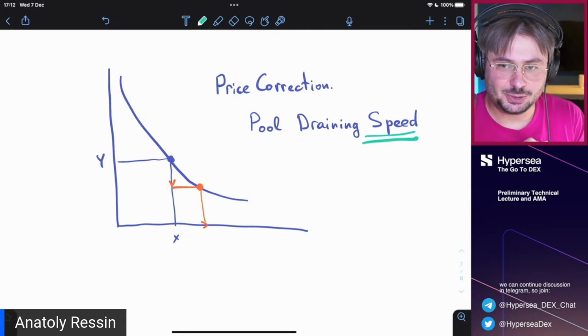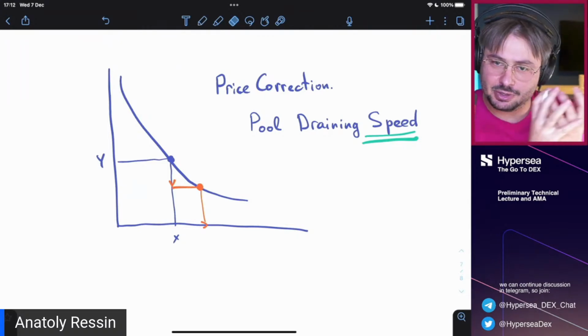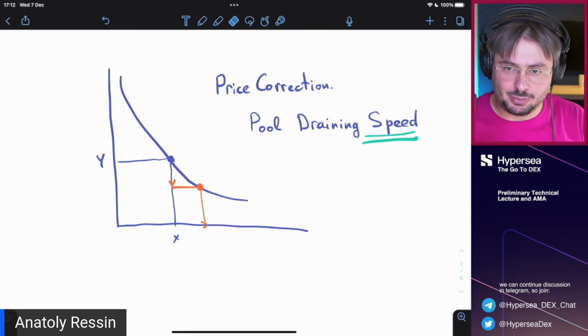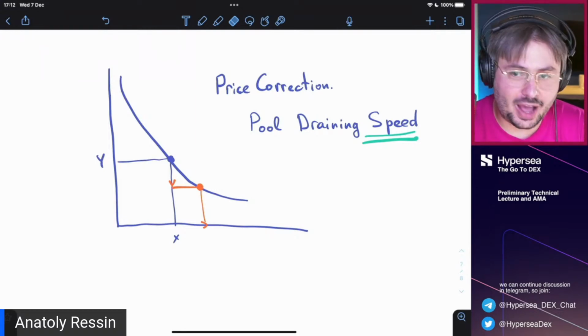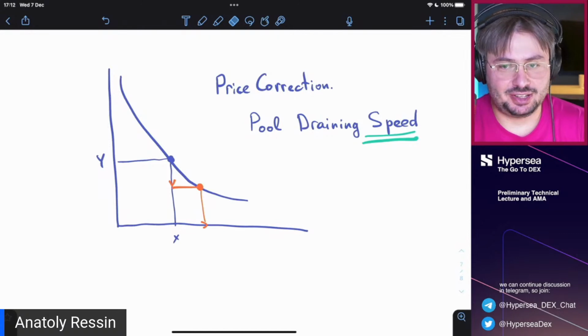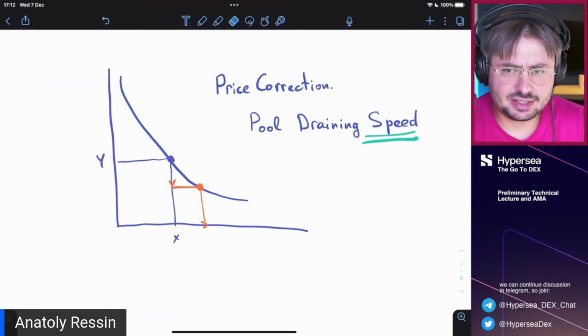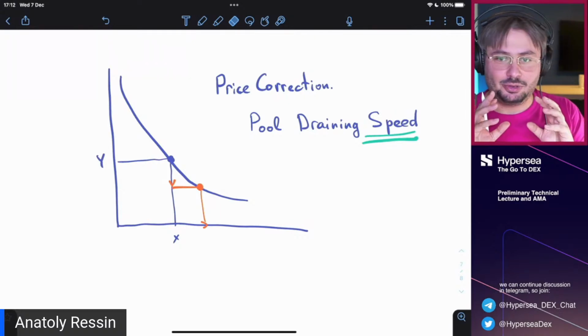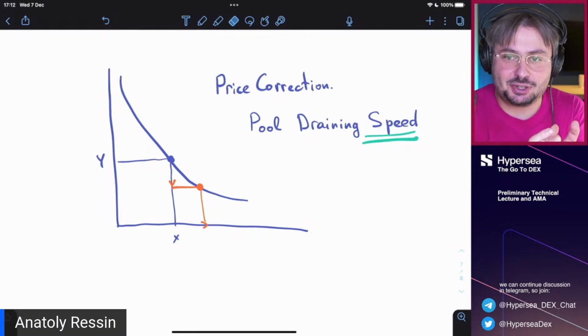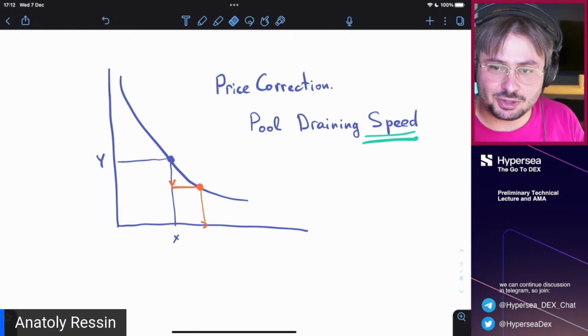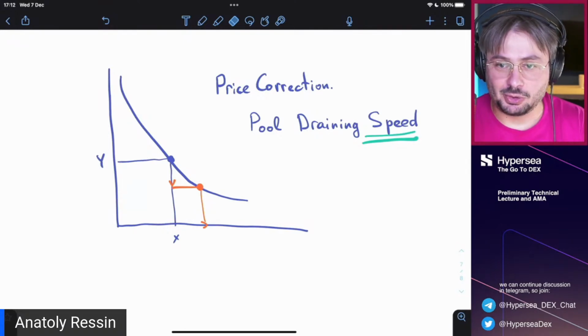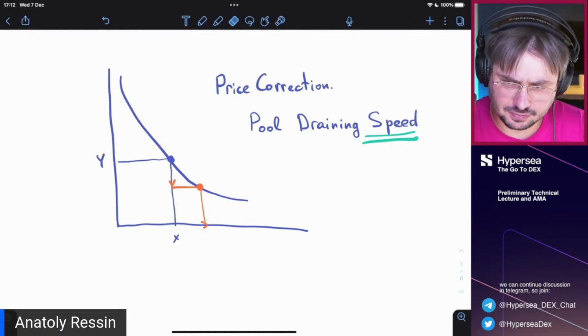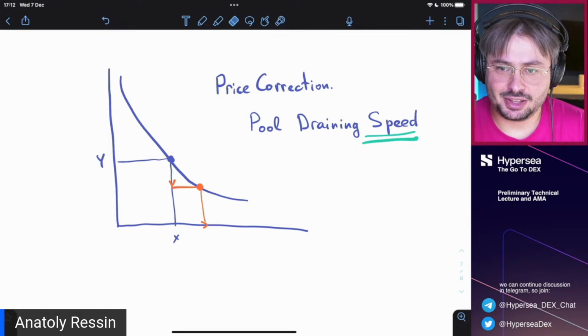If we calculate not only the volatility, but also the speed at which our reserves are inflowing or outflowing from the pool, we can identify situations when, for example, oracles are still reporting something irrelevant, but users, the entire market, already know that this asset is precious and we need to buy it from all the sources, or on just this particular exchange they're trying to do something.